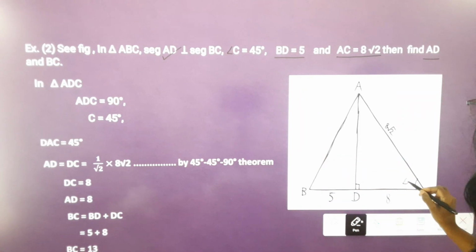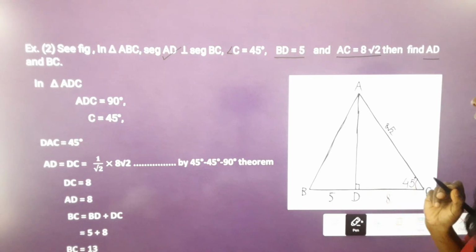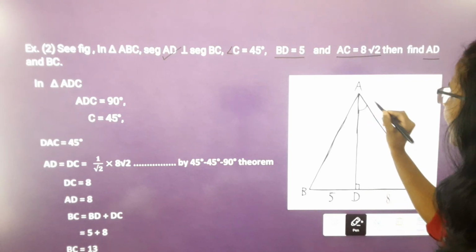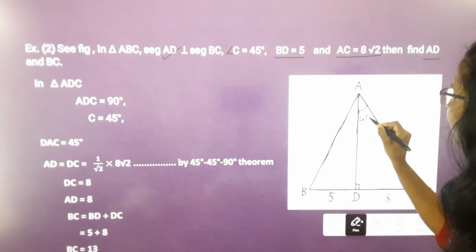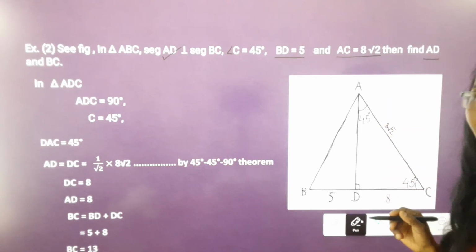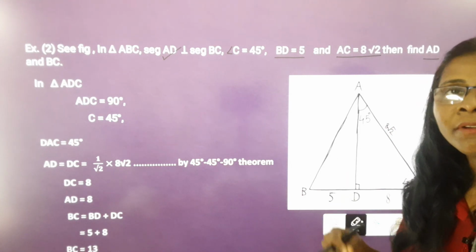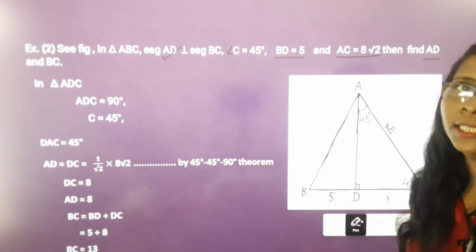angle C is equal to 45 degrees, angle D is equal to 90 degrees, then automatically angle A will be 45 degrees. So triangle ADC is a right angle triangle which is also a 45-45-90 degree triangle.